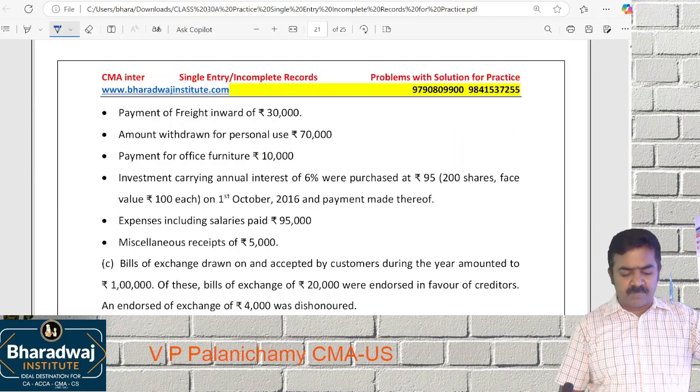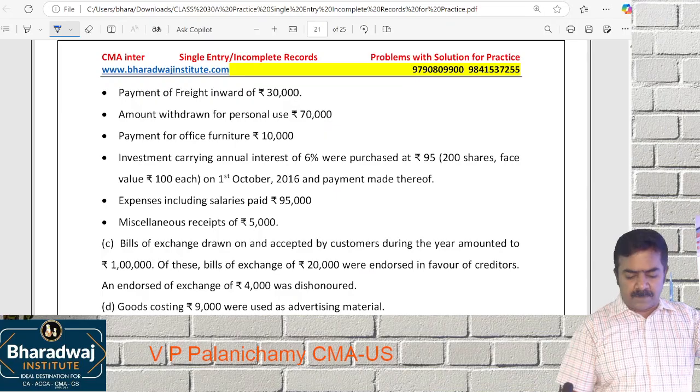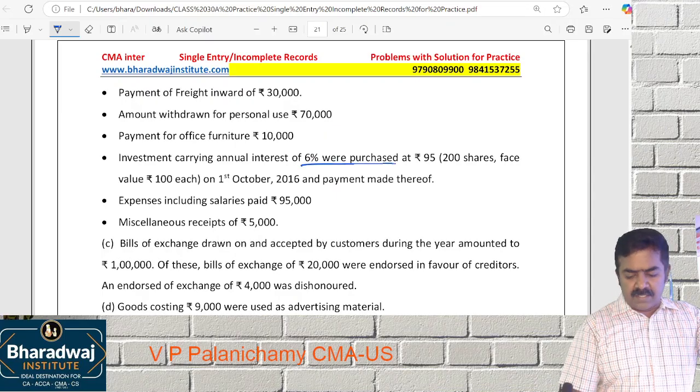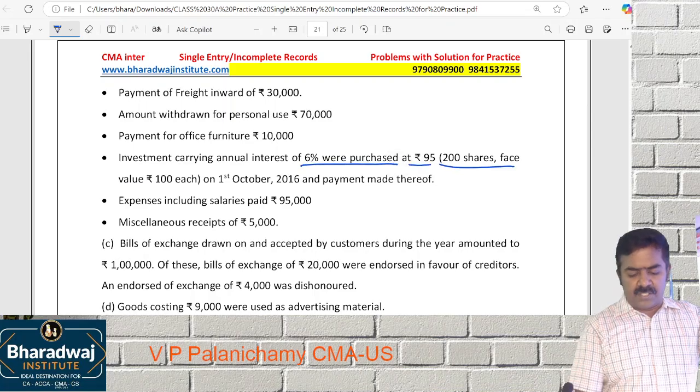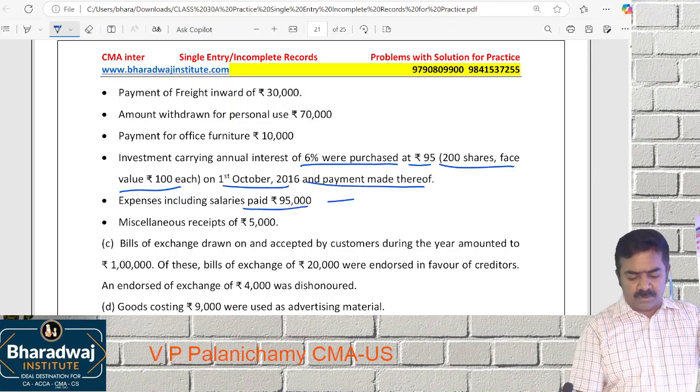Freight inwards, personal use, office furniture payments. Investment carrying an interest of 6% was purchased at 95, 200 shares, face value 100 rupees each on 1st October, and payment was made thereof. Expenses paid are given. Miscellaneous receipts are given.